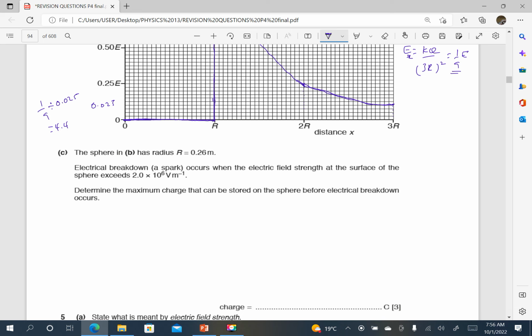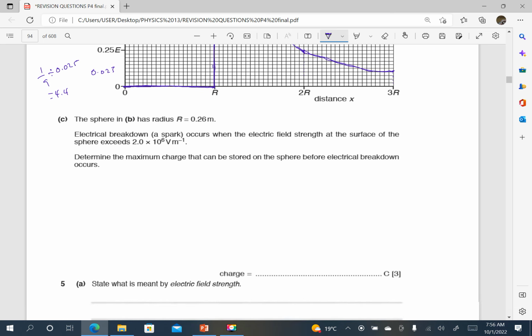Part C, the sphere in B has a radius 0.26 meters. Electrical breakdown, that is a spark, occurs when the electric field strength at the surface of the sphere exceeds that. Determine the maximum charge that can be stored on the sphere before electrical breakdown occurs.